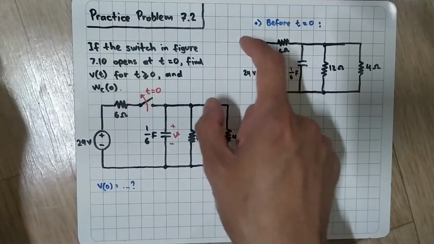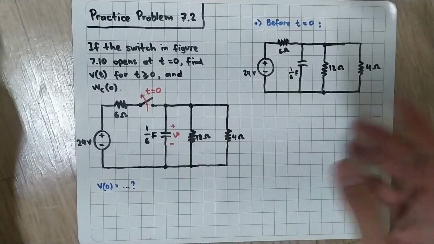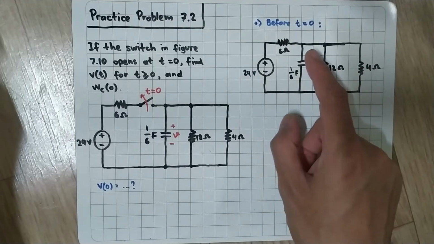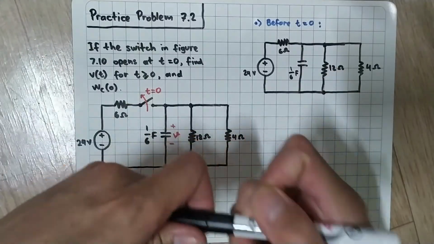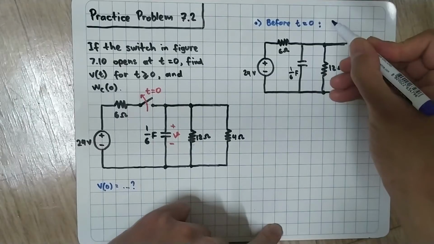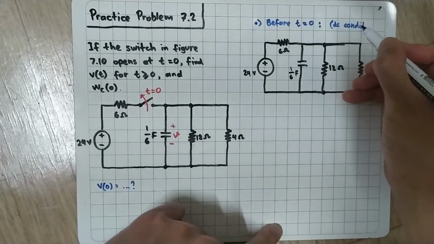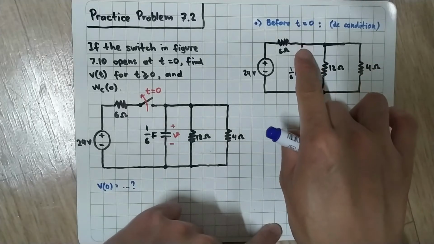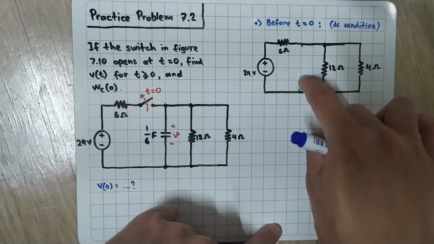Now this is a DC voltage source, assuming that this is already in this condition, so the capacitor will be in the DC condition, which is equivalent to an open circuit. So the capacitor will be replaced with an open circuit here.